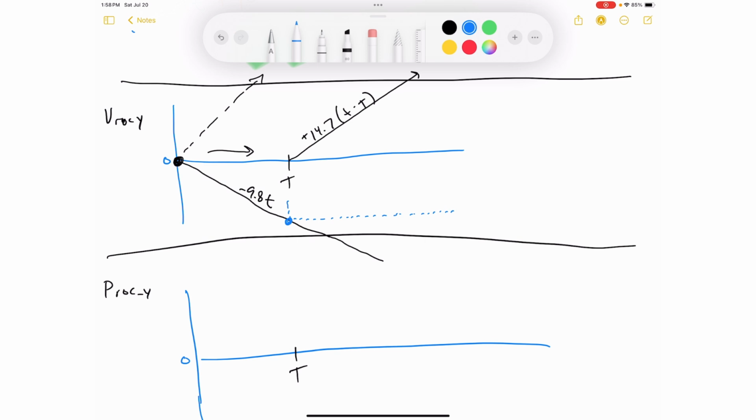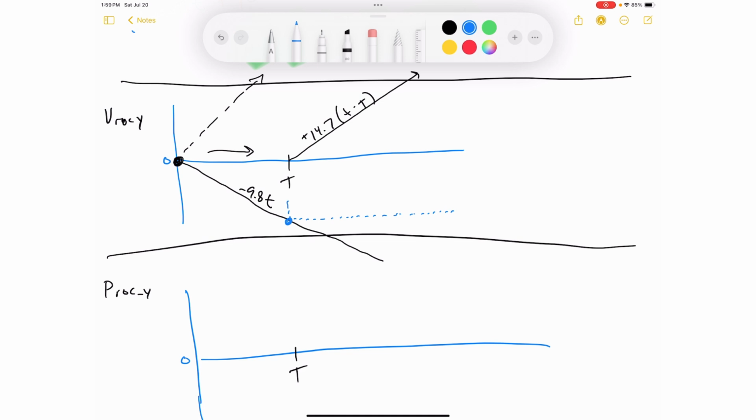So you're like, okay, well, how would I? Basically, what I want to do is I want to figure out how to make this line straight. This blue dotted line. Well, the gravity is going from 0 to the blue line. That's negative 9.8 t. But after that, I want it to be straight. Okay, I want it to be straight after that. Well, how am I going to do that?